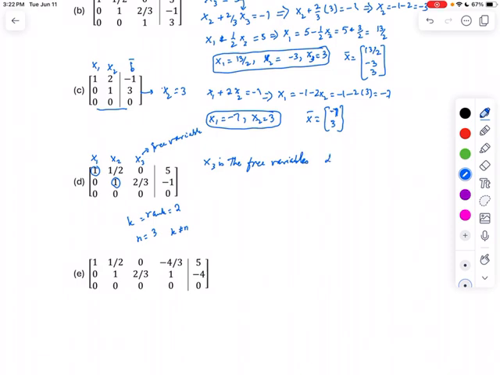Sometimes in some books they say let x3 equal to t, some parameter t.